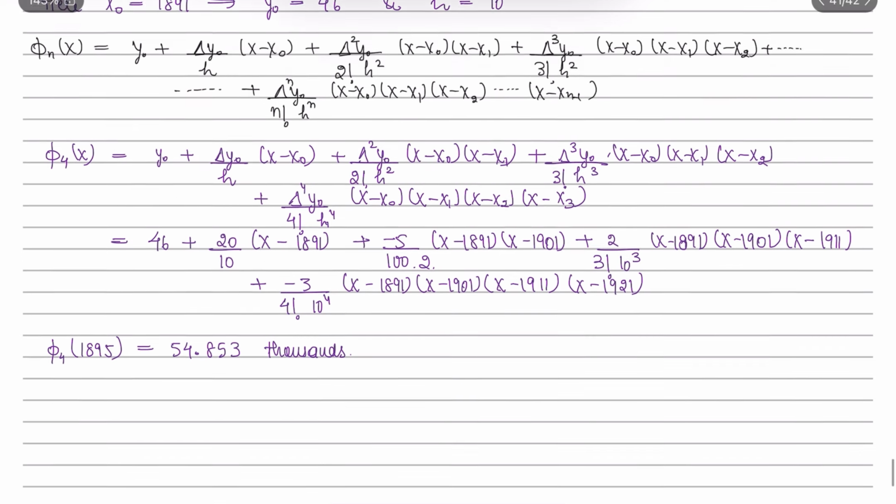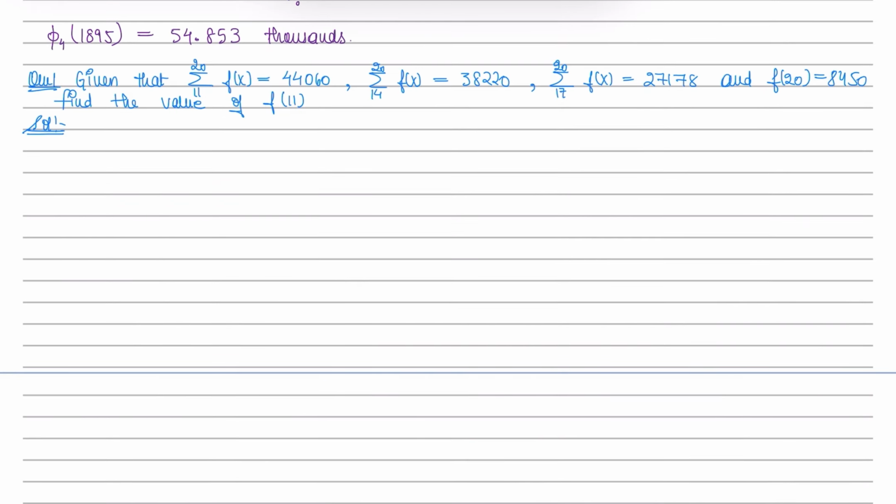Let us move to the next question. In this question, we are not directly given the tabulated form, rather we have been given some values. Let us manipulate these values and convert them into the table. Let us assume that u of x is in the form of summation x to 20 f of x.